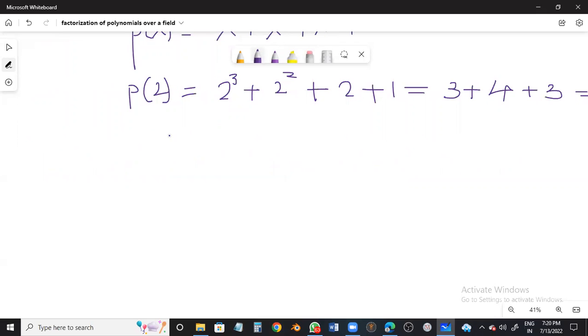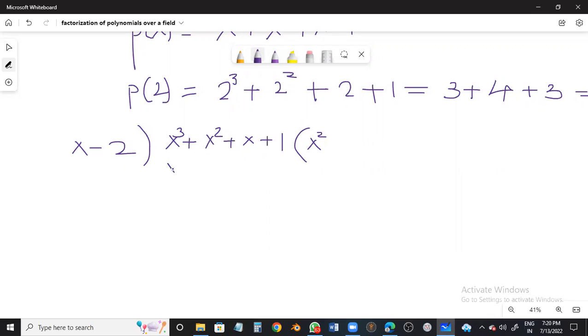I hope all of you are watching here. This was x cube plus x square plus x plus 1. And you said that at 2 I'm getting a 0. So x minus 2 must be certainly a factor of this. So let us divide. I hope you will help me. The quotient will be x square.